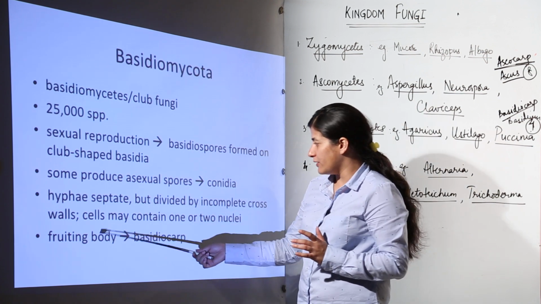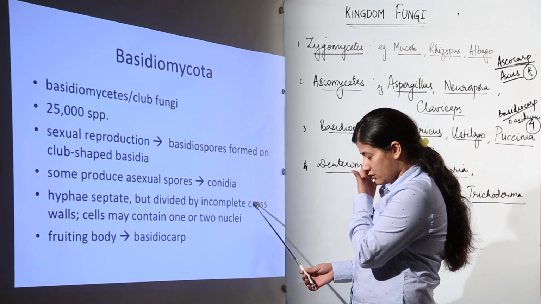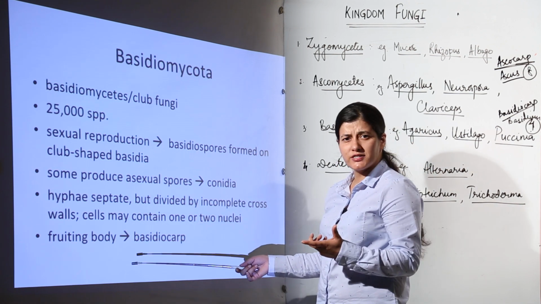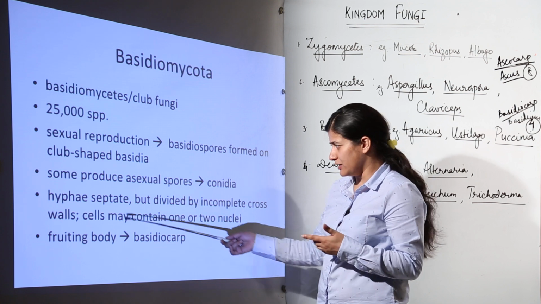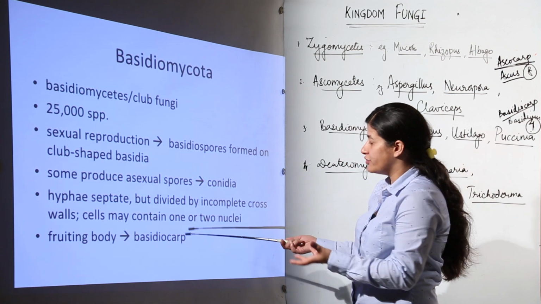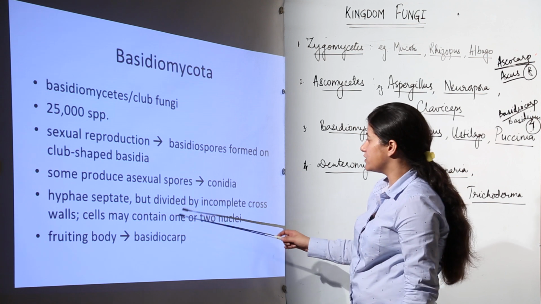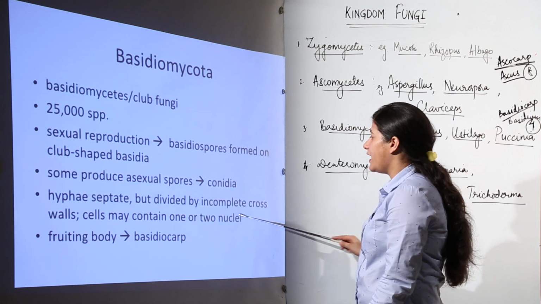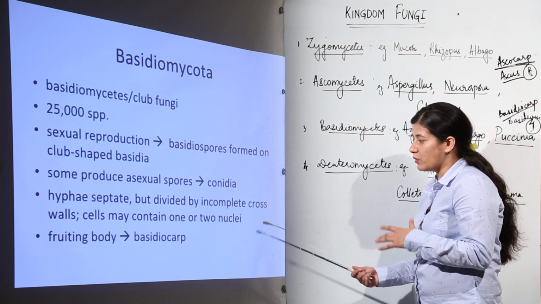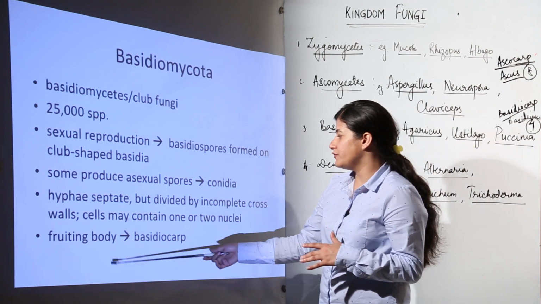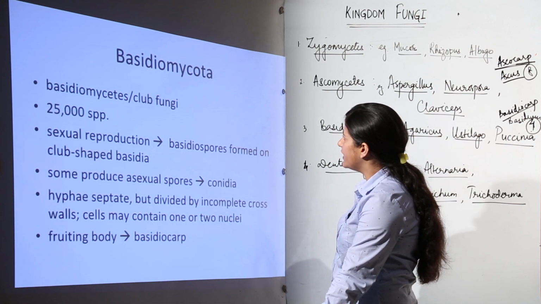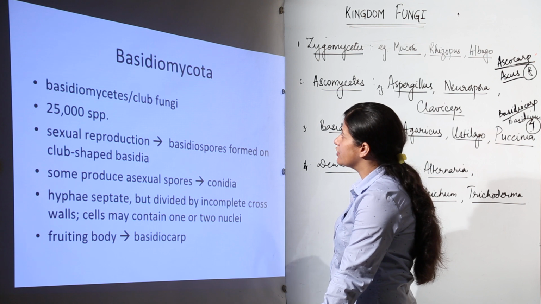Talking about their fungal body, we have discussed which one was septate and which was aseptate. Here the hypha would be septate because, as you can see, such a big fungus cannot be aseptate coenocytic, but is divided by incomplete cross walls, and the cell may or may not contain 1 or 2 nuclei. The fruiting body is the basidiocarp. All that we have read and talked about, this is repetition of that.